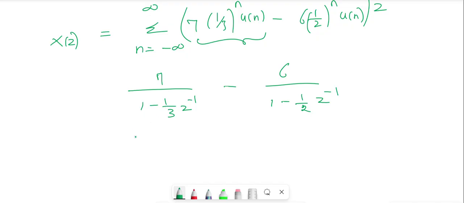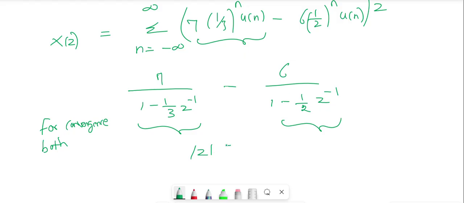So for convergence, that is the ROC for convergence, both conditions should hold: the modulus of Z is greater than 1 by 3 and the modulus of Z is greater than 1 by 2.